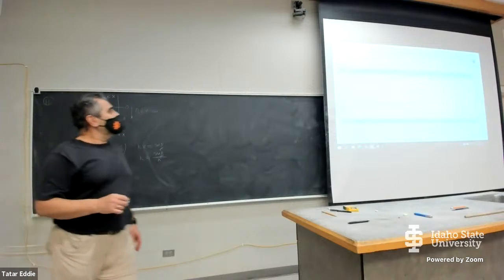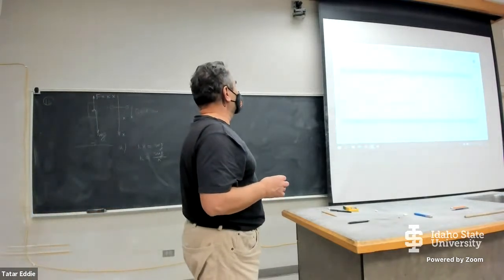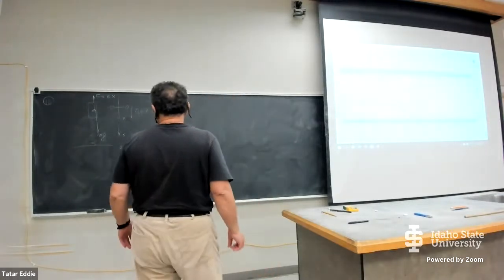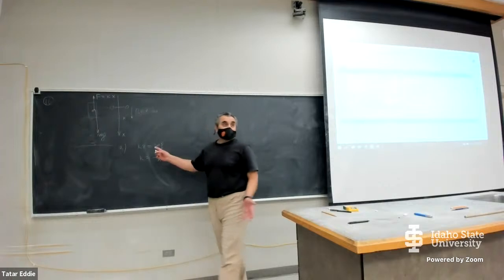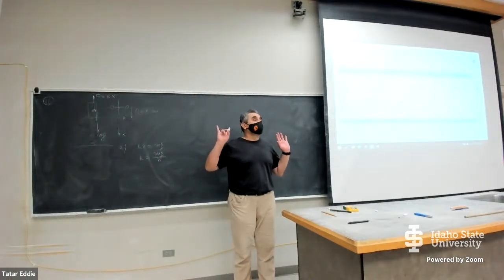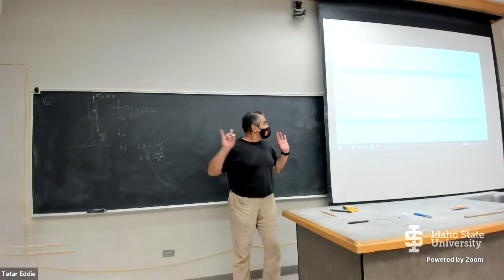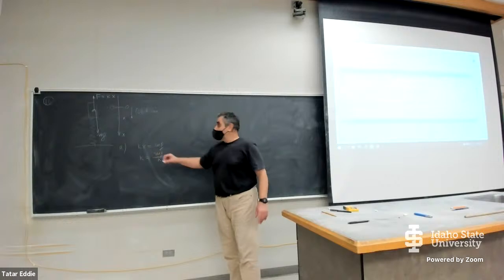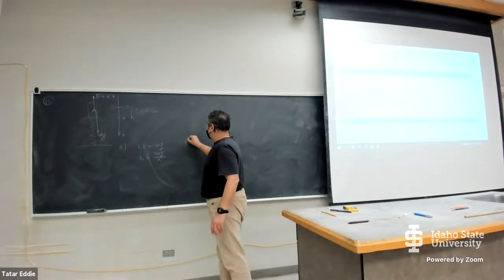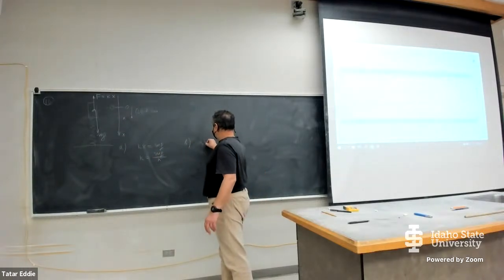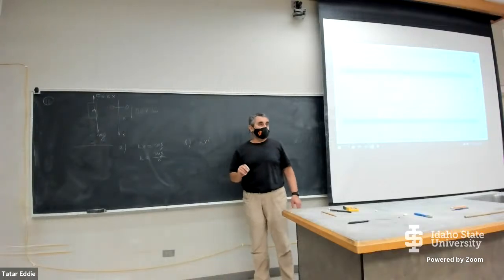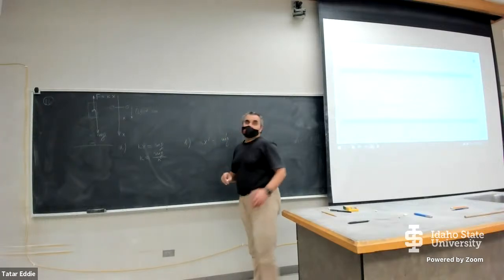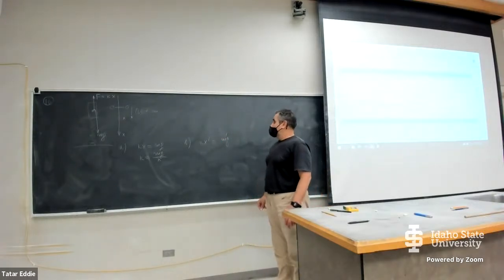Part B, what is the weight of another person that compresses the spring by a different distance? You do exactly the same thing, but you already know the spring constant. So for part B, you just say k times the different displacement x prime should be equal to mg prime, right?